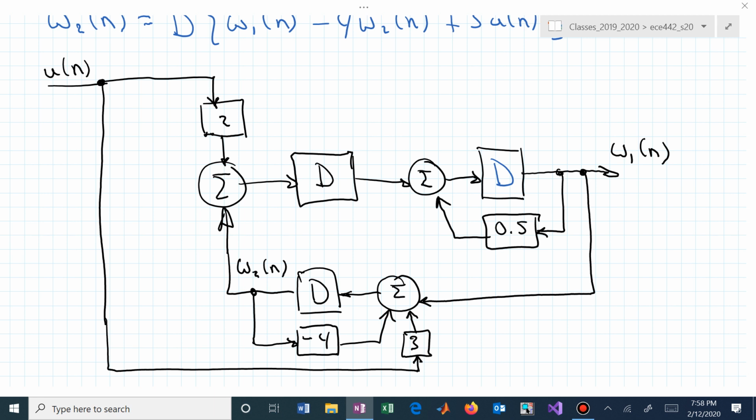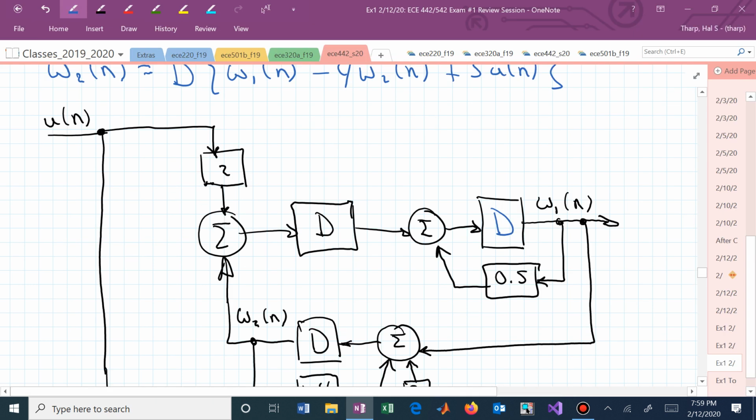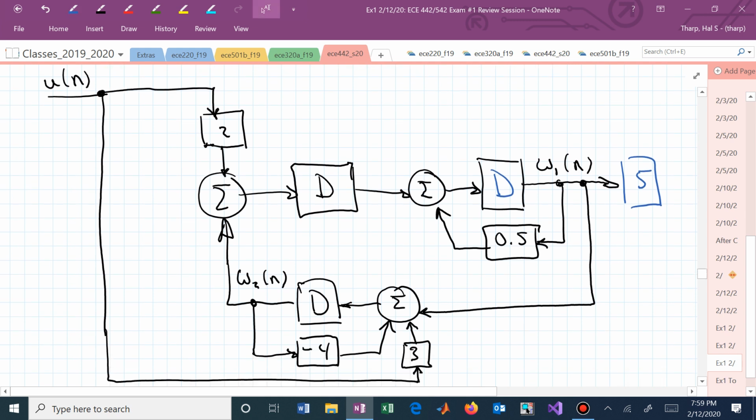What was Y of n? Y of n was actually 5 W1s. Let me put this right here, W1 of n. It was 5 W1s and minus W2. So it's going to be a little bit ugly, but mine's in blue, so you can kind of see that this is now coming here.